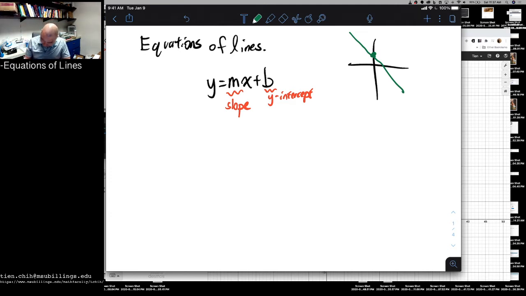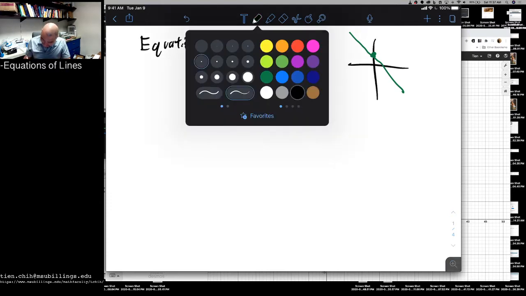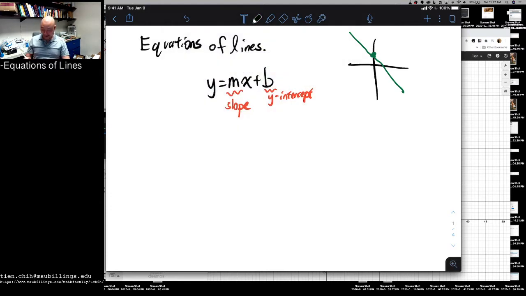Now, the way that slope is computed is by the change in the y values over the change in the x values.